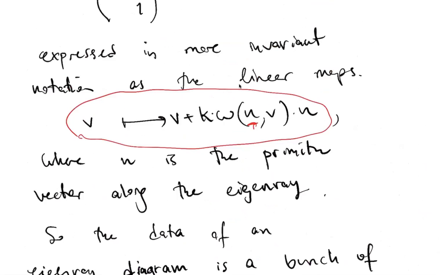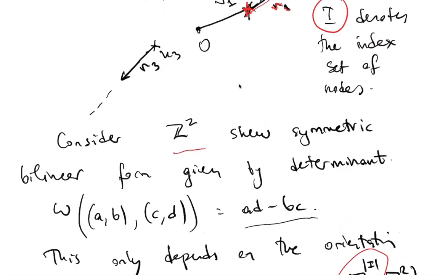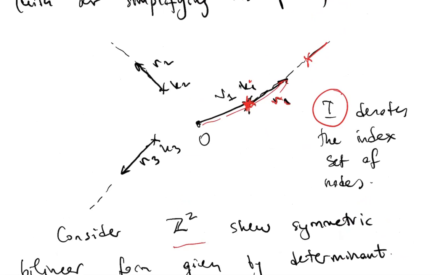What are those numbers? Each of these locations of the nodes gives me, for each node, another vector in my R2. Sorry, not Z2, that's in R2.